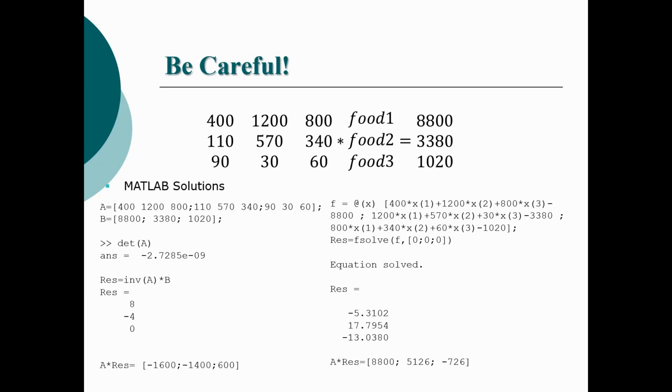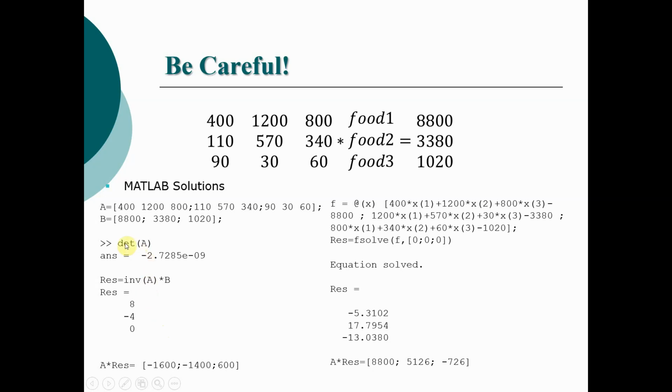But MATLAB can still calculate the inverse of A. Okay, you can still calculate it, but is this result going to be accurate? So I want you to think about that. Is this result accurate? Can we rely on this?